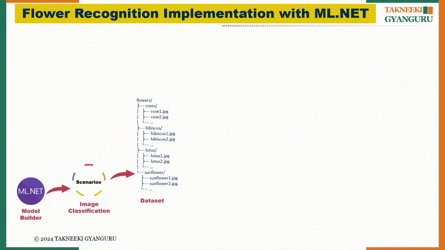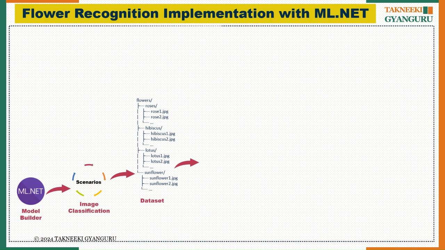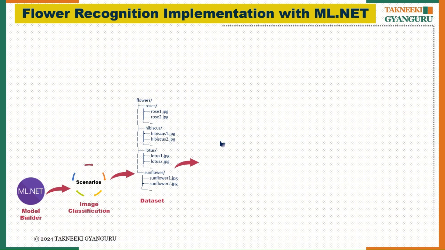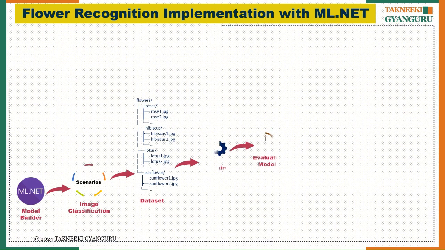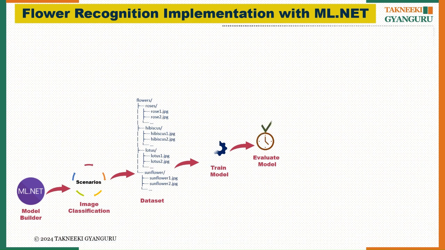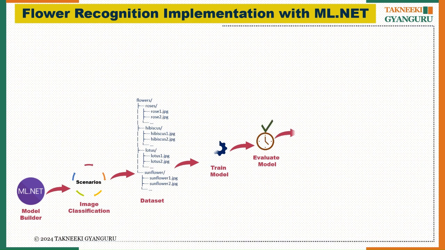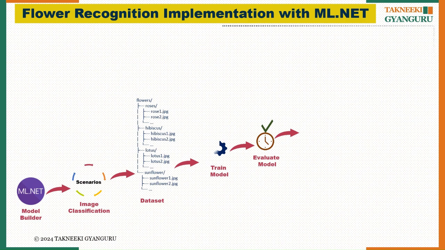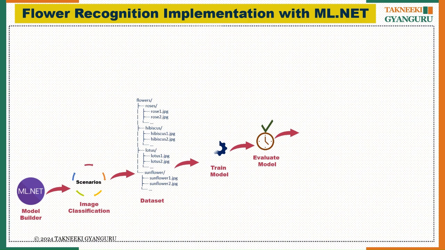We will use this data set. We'll select this flower folder from here, and then we will train the model. Once it is trained, we will evaluate the model. After training, we'll evaluate. We will give some test images and check whether our trained model is working fine or not.